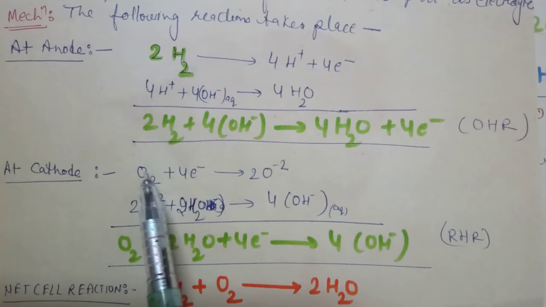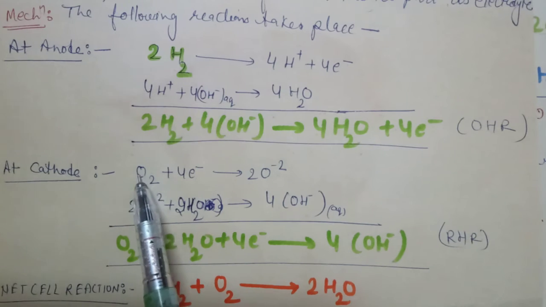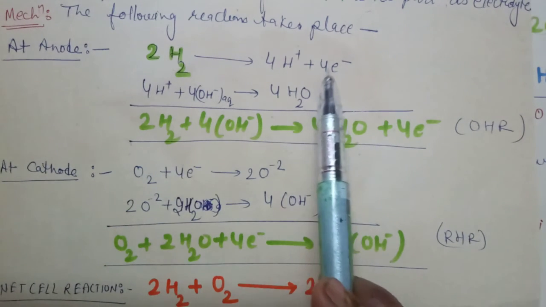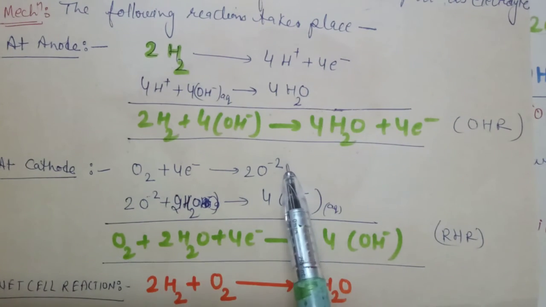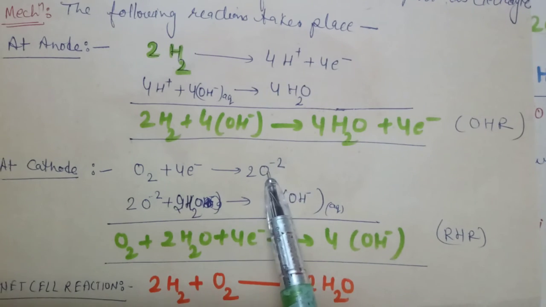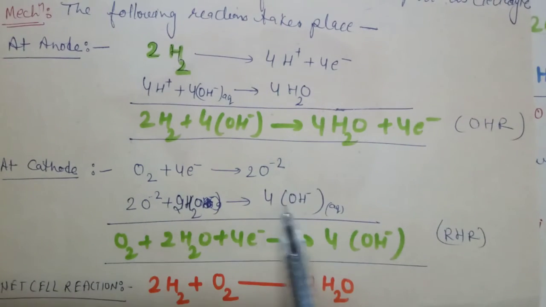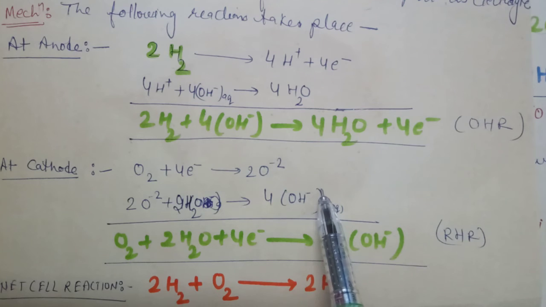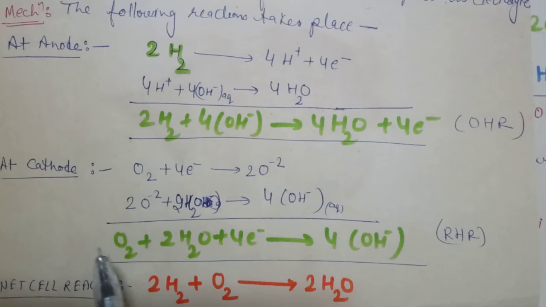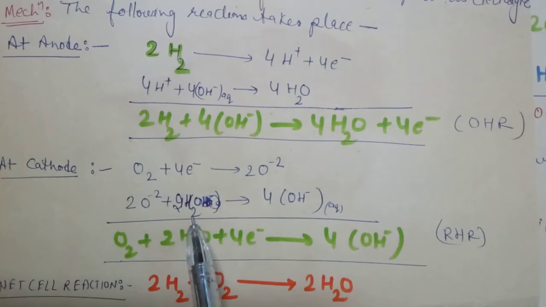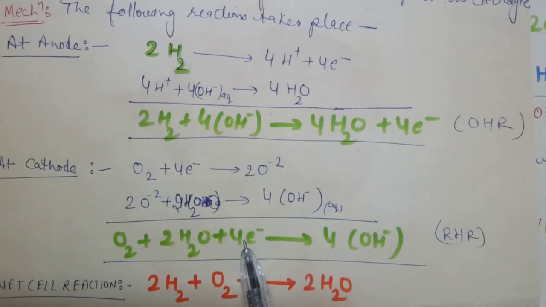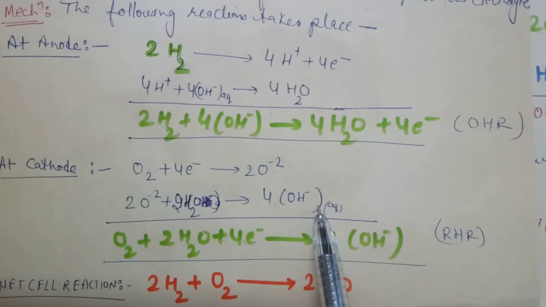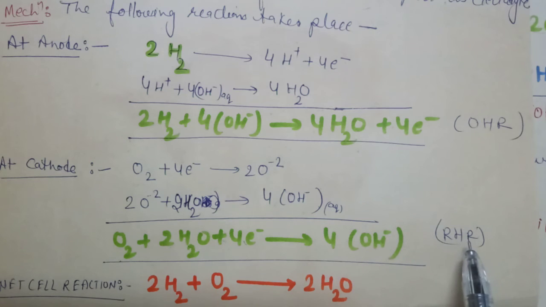At the cathode, oxygen will be reduced, so O2 will get these 4 electrons to make 2 oxide ions. These 2 oxide ions react with H2O to make OH minus ions. So the total cathodic reaction will be O2 plus 2H2O plus 4 electrons is equal to 4OH minus ions. This is the reduction half reaction.